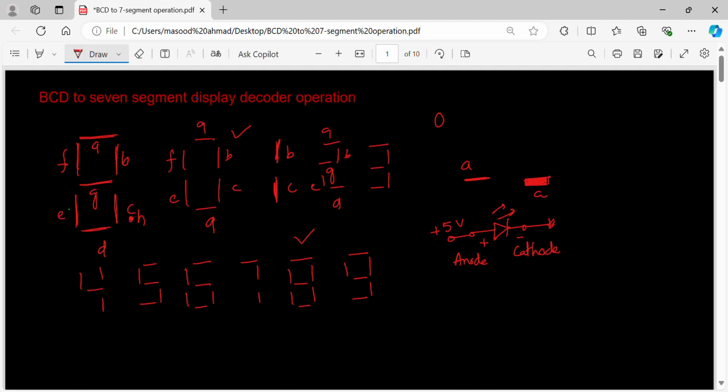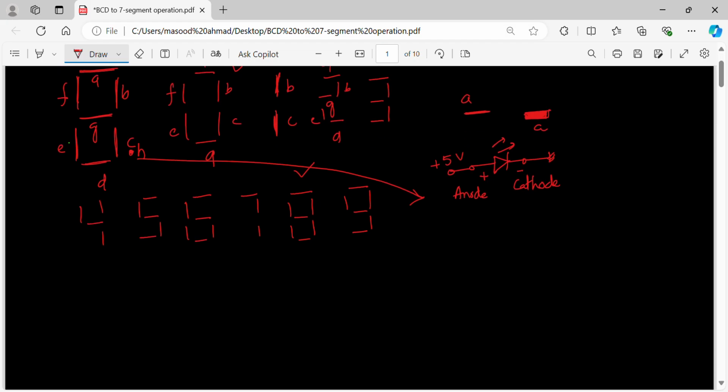If you look inside this 7 segment display unit, there are LEDs, an LED for each and every segment. LED here, LED here, light emitting diode, light emitting diode, then light emitting diode.